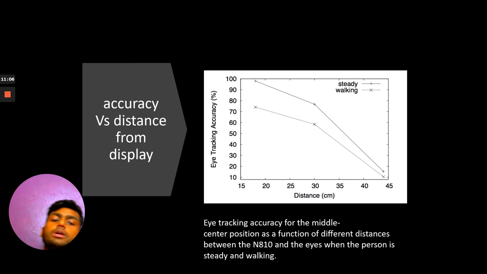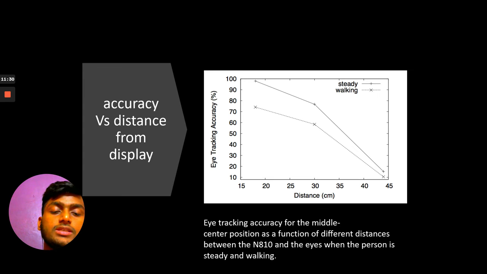Now let's talk about accuracy versus distance from the display, from the sensor actually tracking the eyeballs. So we can see eye tracking accuracy for the middle center position as a function of different distances between the display and the eyes when the person is steady and walking.